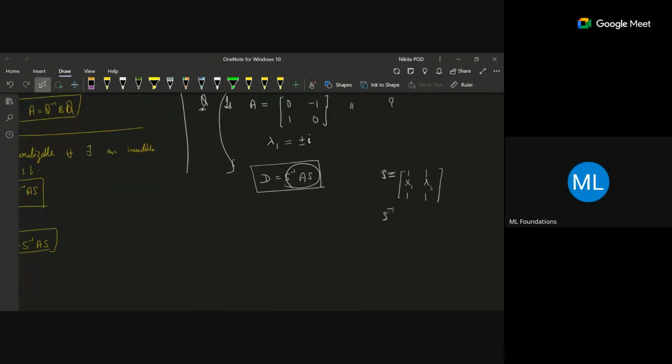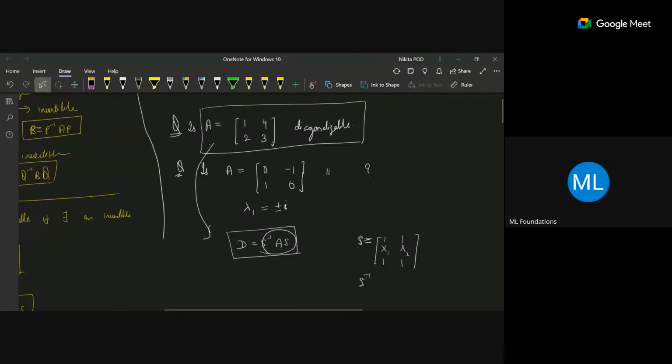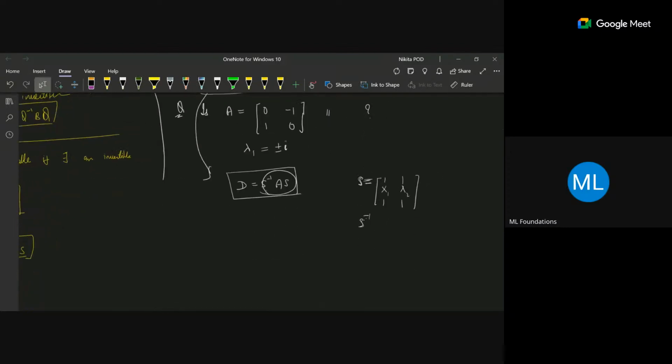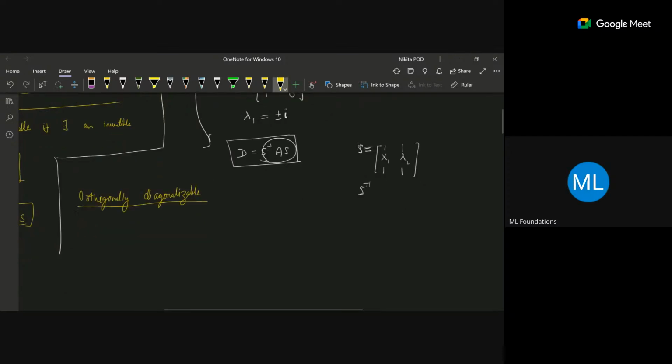Now, on the same line, you have also looked at orthogonal matrix, right? We have also talked about orthogonally diagonalizable. So when do we say a matrix is orthogonally diagonalizable?